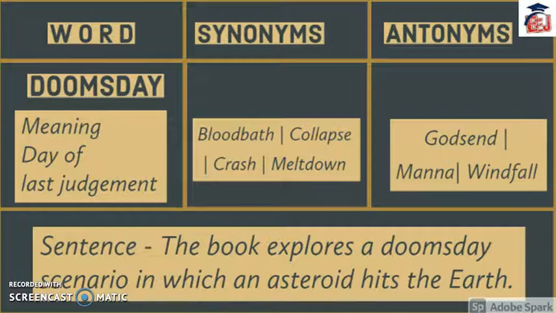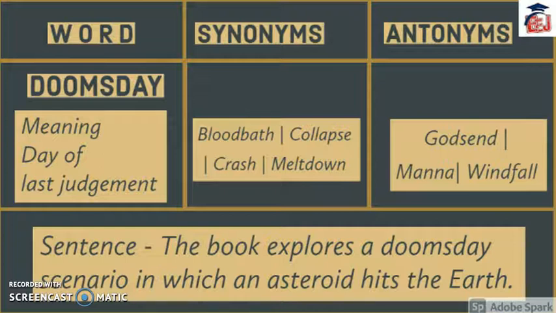Doomsday. Doomsday means the day of last judgment. You might have heard this word in news channels. So doomsday means the day of last judgment. Bloodbath, collapse, crash, meltdown are the synonyms. Antonyms can be godsend, manna, windfall.